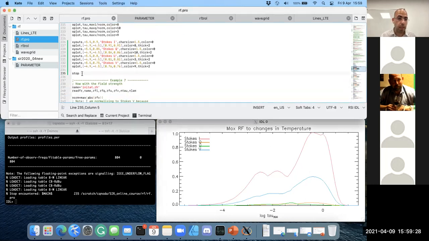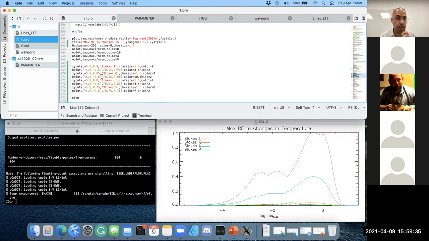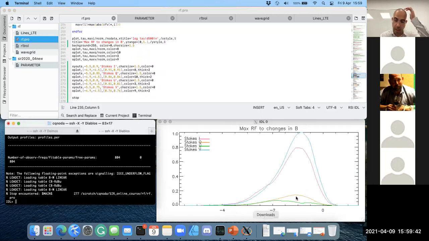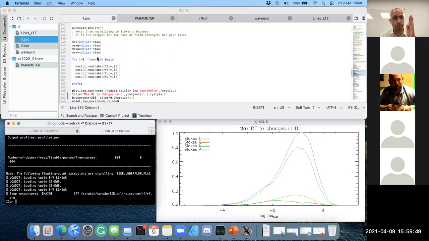So let's try to see what happens with the magnetic field. In this case, let me confirm that I'm using the correct response function, not the new one that I computed for the test. Yeah. So in this case, I'm doing the same. I'm computing the maximum value for a given optical depth over all the wavelengths. Then I move to the other optical depth and all wavelengths, and like this I cover all the atmosphere. And I do it for the 4 Stokes parameters independently.